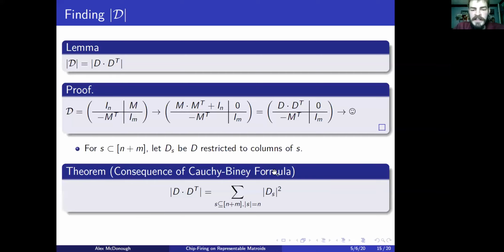Then we have this theorem that comes from the Cauchy-Binet formula, which says that the determinant of this matrix is going to be exactly, we take every set of n columns, where n is the number of rows, and we take the determinant of that and square it. This is going to make a lot more sense when I go to the next slide where I give an example.